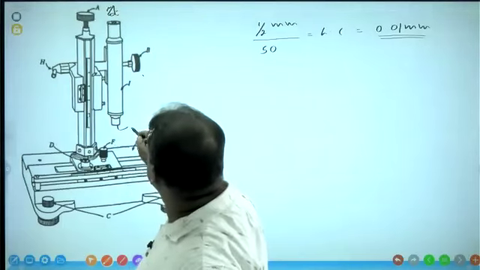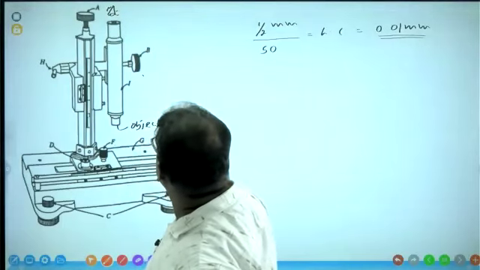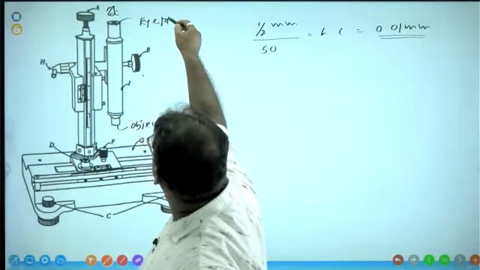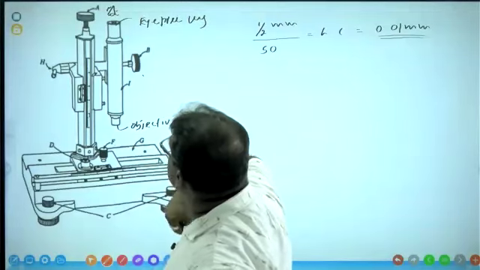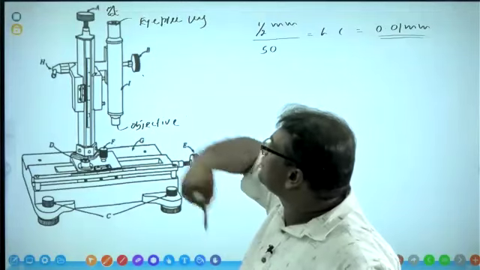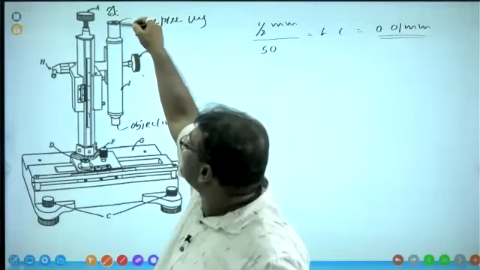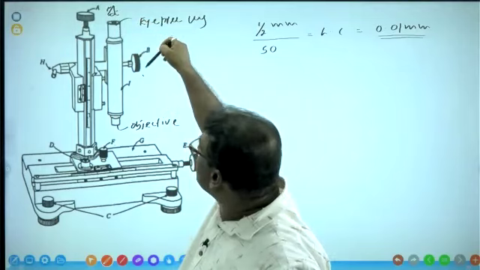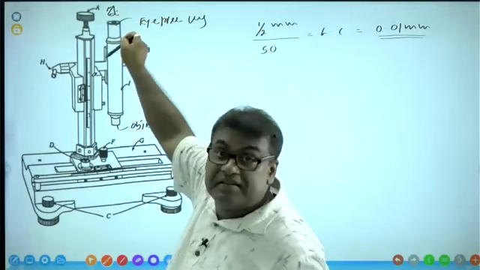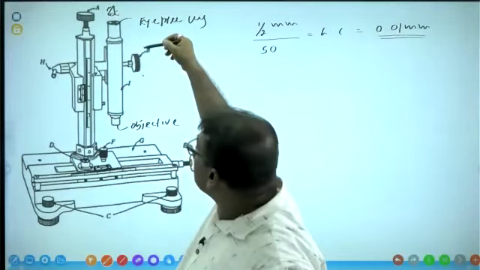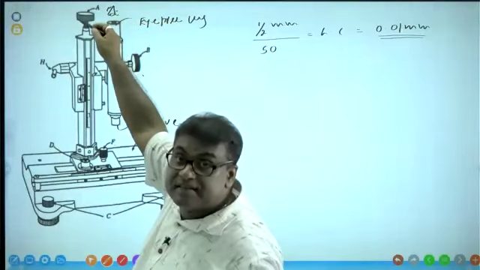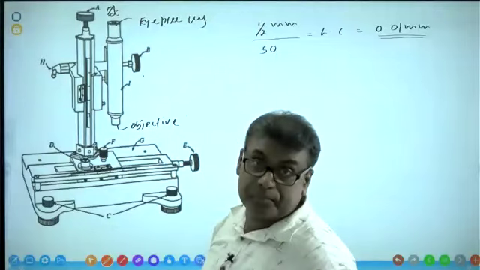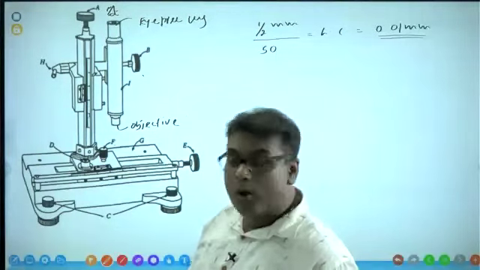This is the objective lens, and here is the eyepiece lens. What is the adjustment of the eyepiece? We have to look through this and move this one until the image is clearly seen. Turn this one while looking through the eyepiece lens until the image is clearly seen on the crosswire.